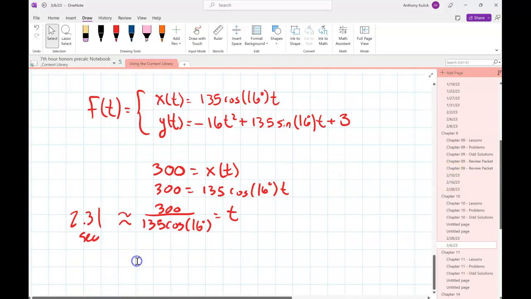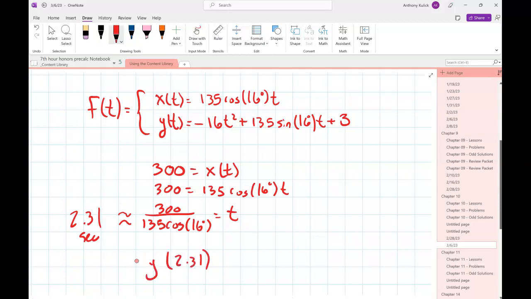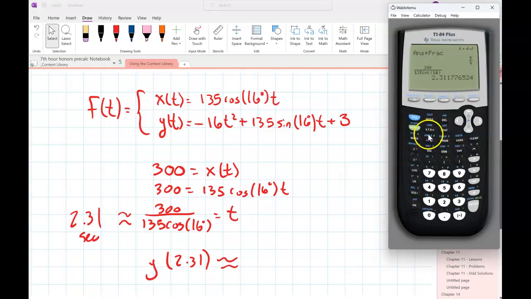All right, and now I'm going to take that value and plug it into the y. I can do this in my calculator. If I do vars, go to y vars, and this time pick parametric because I'm using the parametric equations. I think I put my position function in y2 of that number, enter.